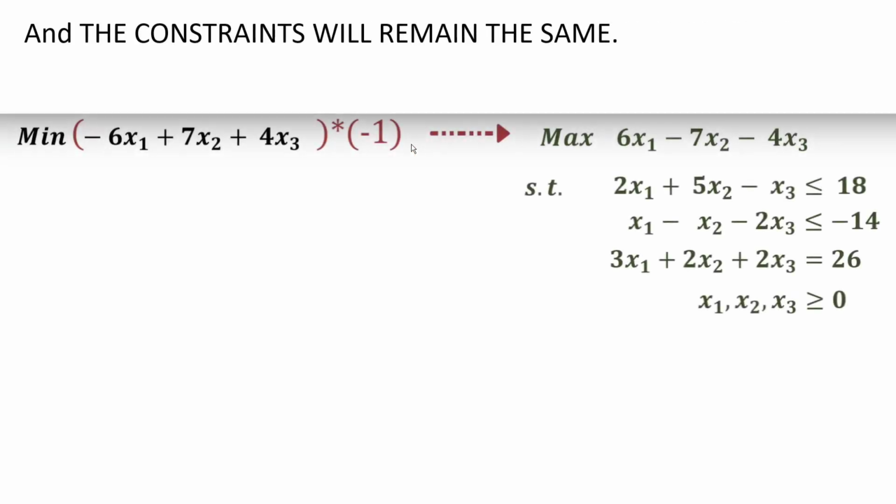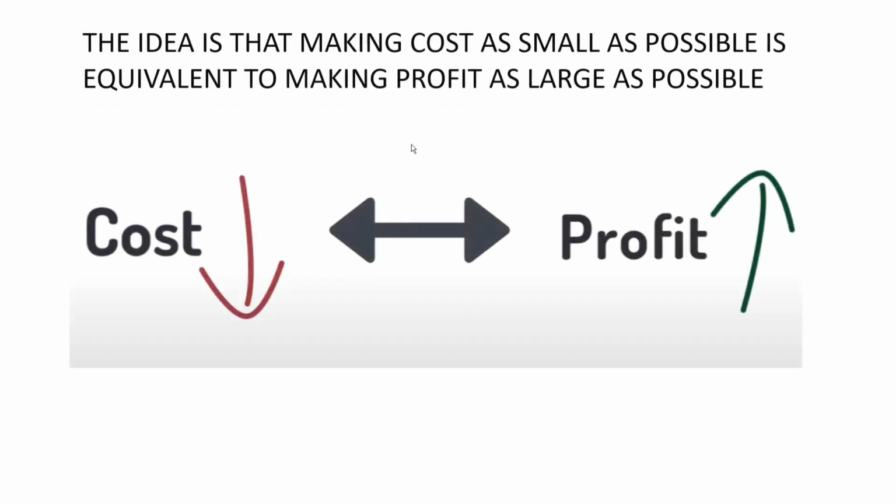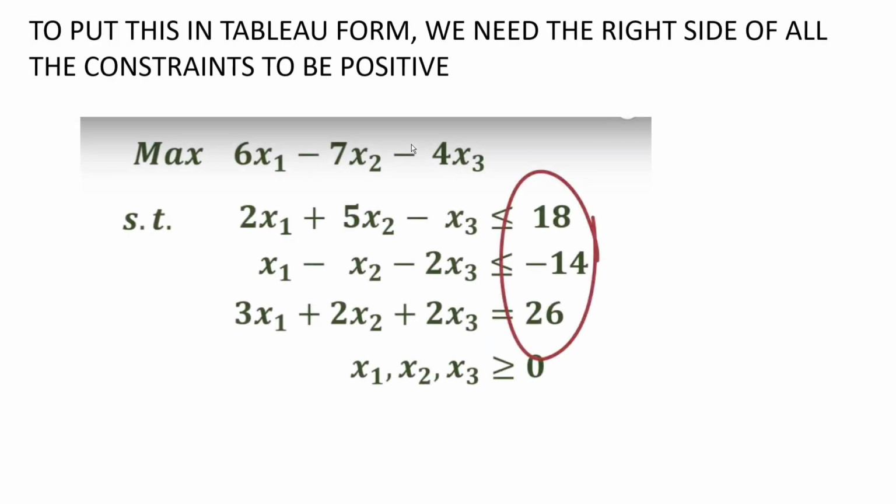So, we will be working with this maximization objective and the constraints will remain the same. The idea is that making cost as small as possible is equivalent to making profit as large as possible. To put this into blue form, we need the right side of all the constraints to be positive.